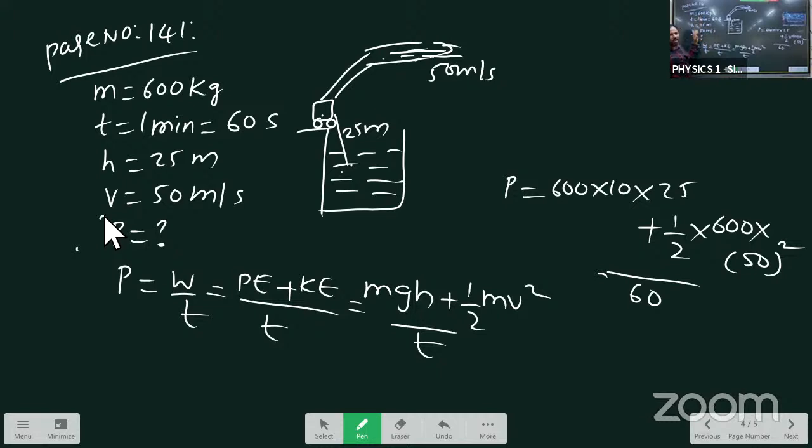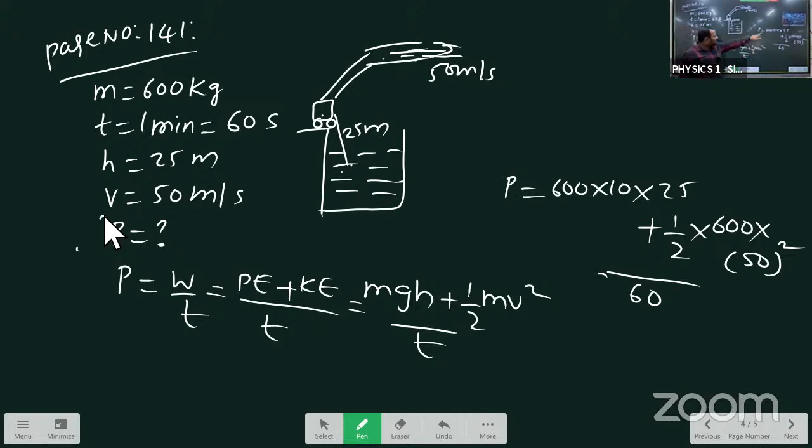For this total performance, how much power is required? Power equals work per time. Work is kinetic energy because of this motion, and work is potential energy with respect to this depth. Potential energy mgh plus kinetic energy half mv square, divided by time t.